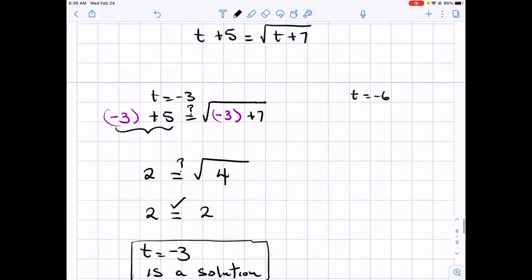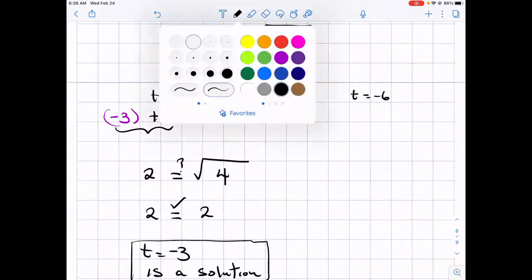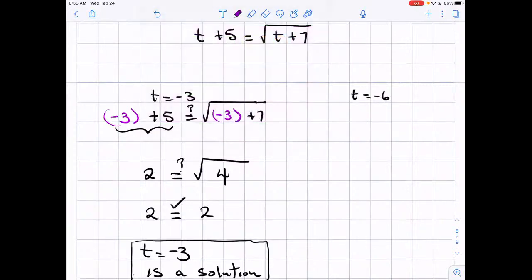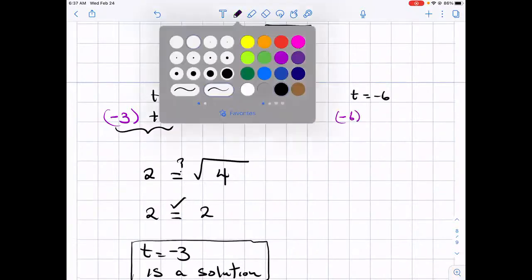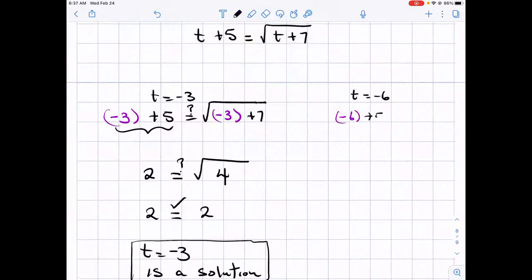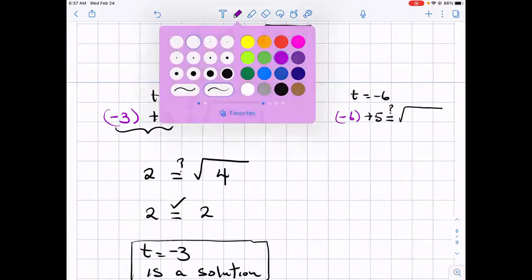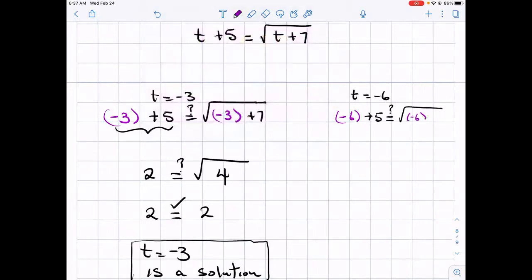So let's check the other side. So we have -6 plus 5, and we want to know, is that going to be equal to the root of -6 plus 7?